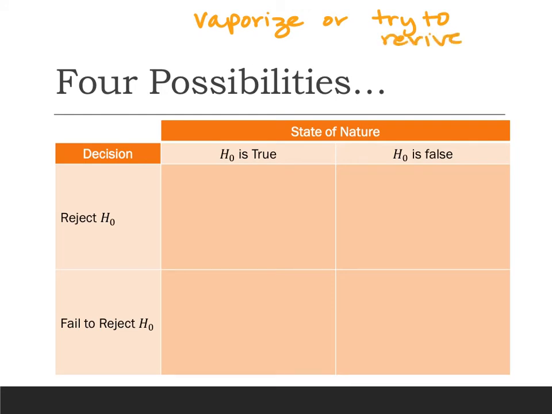If he believes that the person is dead, he's going to vaporize him. So in our first box here, we said that the patient was alive, but there's sufficient evidence of death. That means that Spock is going to vaporize a live person.